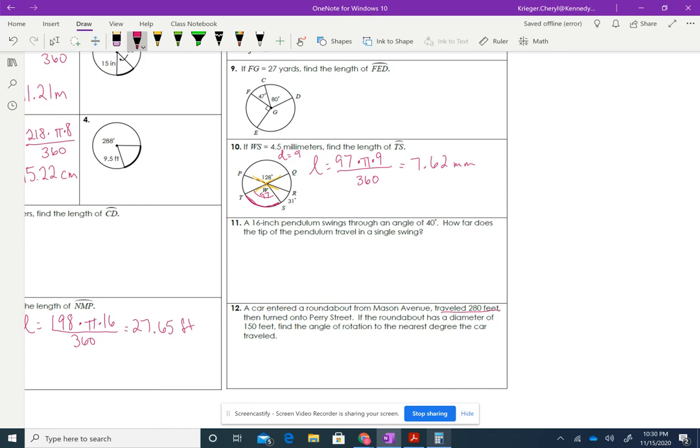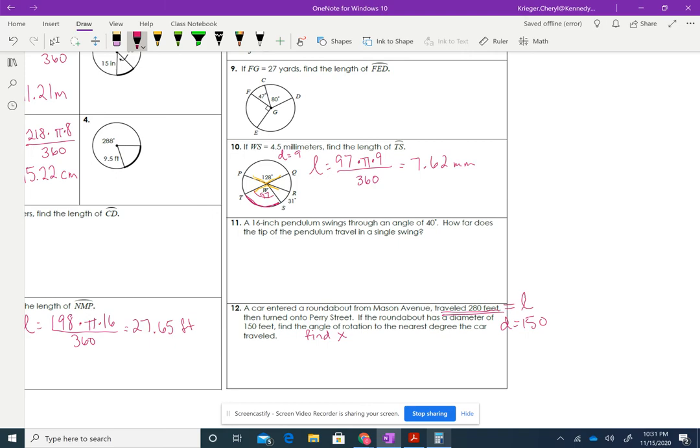If it travels around a circle, okay, and it's not the entire circle, that's the arc length. So I'm going to put that equals L. A roundabout has a diameter of, so they give us D equals 150. Find the angle of rotation. So we're trying to find X to the nearest degree.